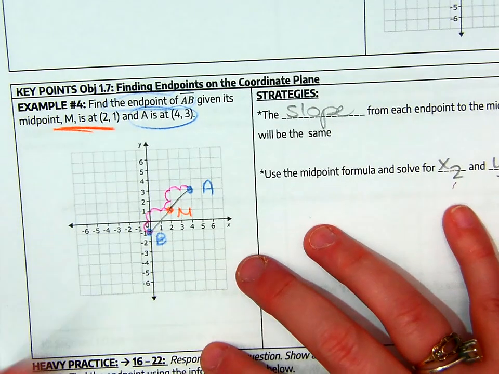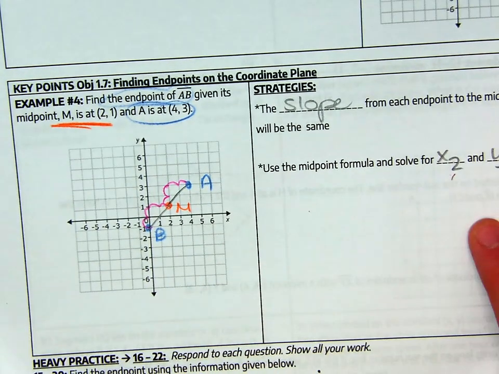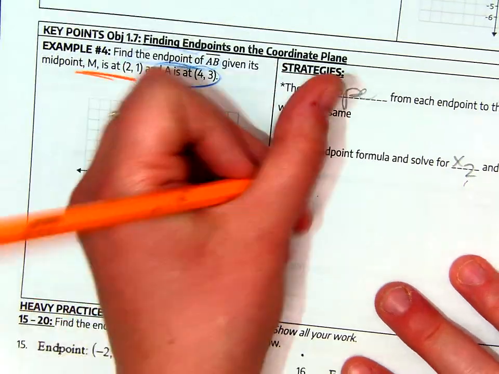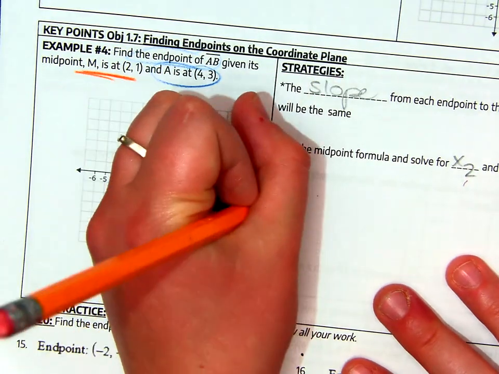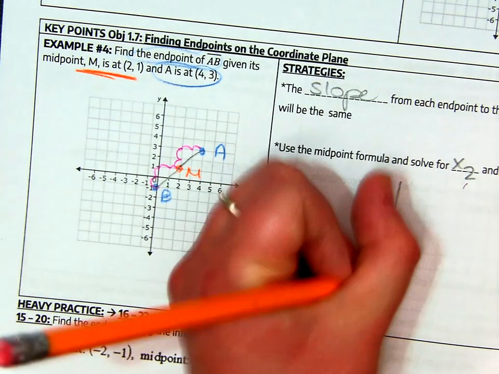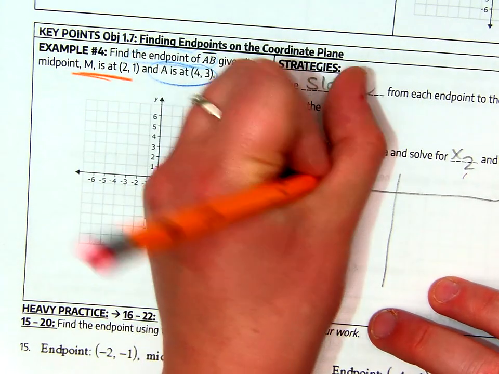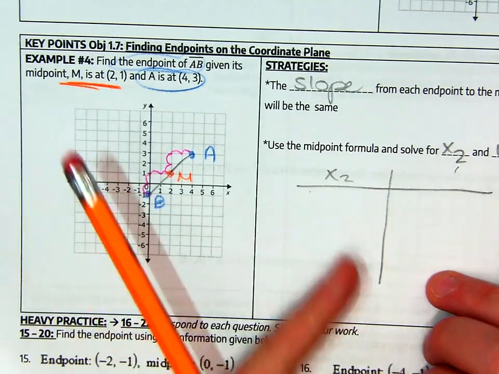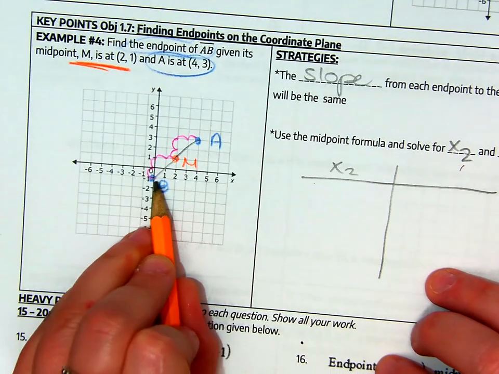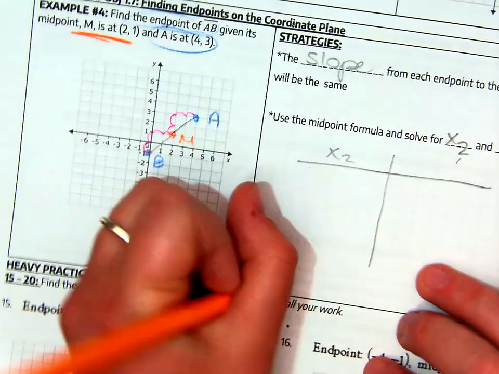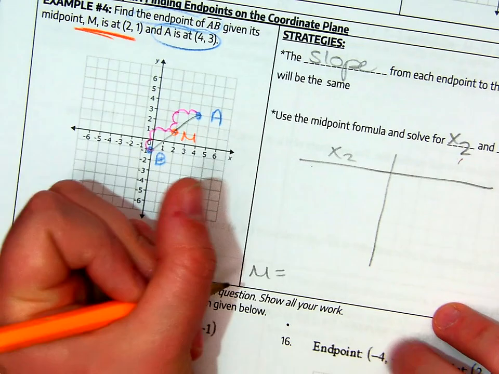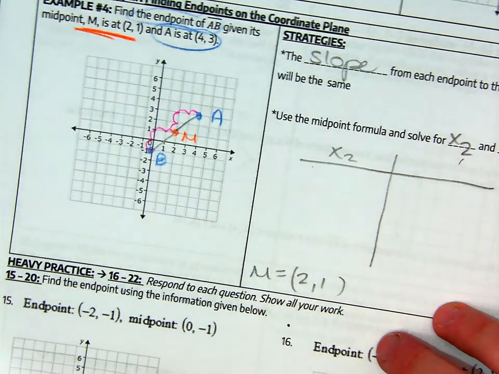Okay, so I'll show what that looks like over here. So if we've got our midpoint formula, I'm going to break this into two ideas, okay? So this is me solving for x2. Here, we have the midpoint at 2, 1.